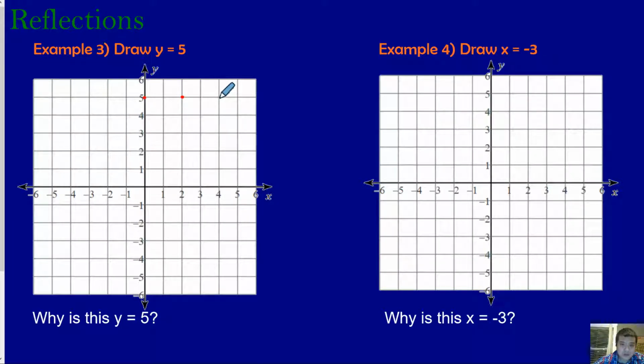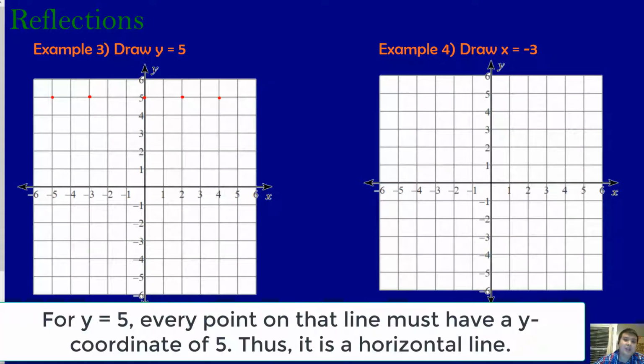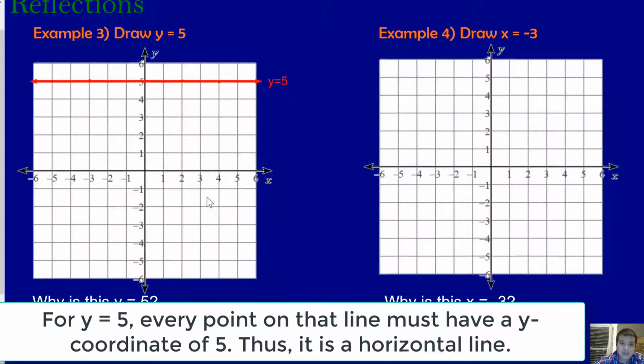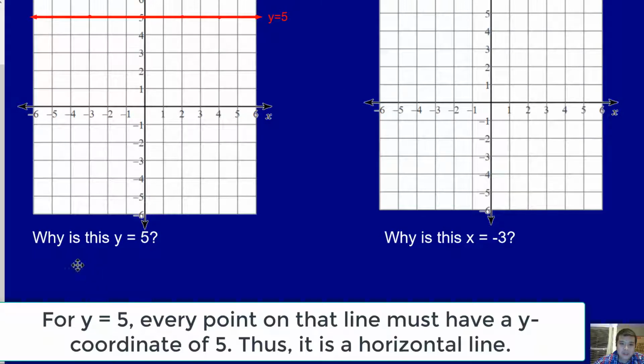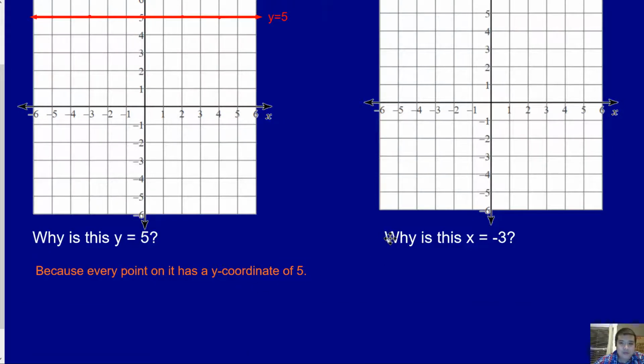Let's even go towards the negative side a little bit. (-3, 5) is right here, (-5, 5) is right here. If I were to draw a line through all the dots, it would make a horizontal line, and that's exactly what y equals 5 is. It is a horizontal line where every single point on that line has a y-coordinate of 5. The reason y equals 5 is a horizontal line is because every point on it has a y-coordinate of 5.